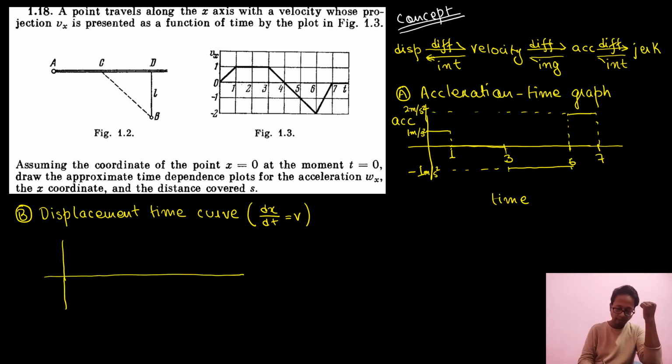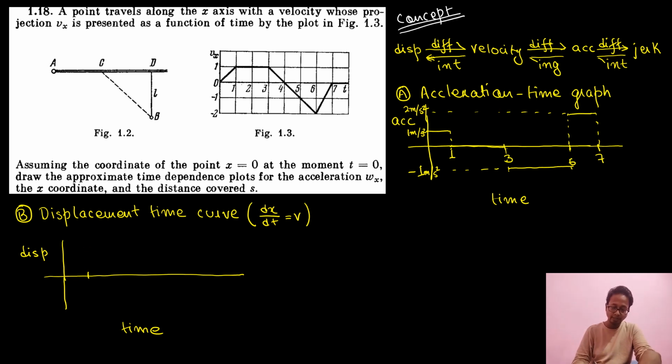If I draw displacement on the y-axis and time on the x-axis, then from 0 to 1 second, the slope is constant.